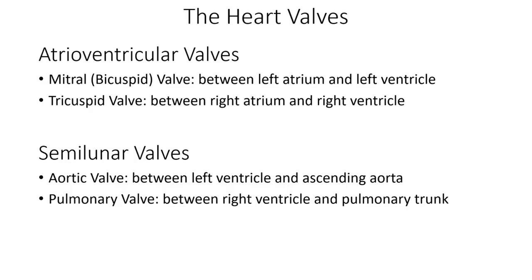And then we also have the 2 semilunar valves. We have the aortic valve in between the left ventricle and aorta, and then the pulmonary valve, which is in between the right ventricle and pulmonary trunk, to help control that blood flow and make sure that it's not leaving prematurely or flowing backwards back into those chambers of the heart.